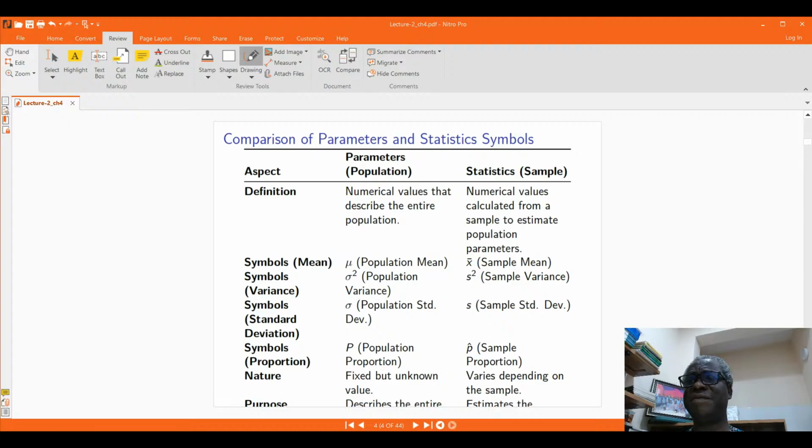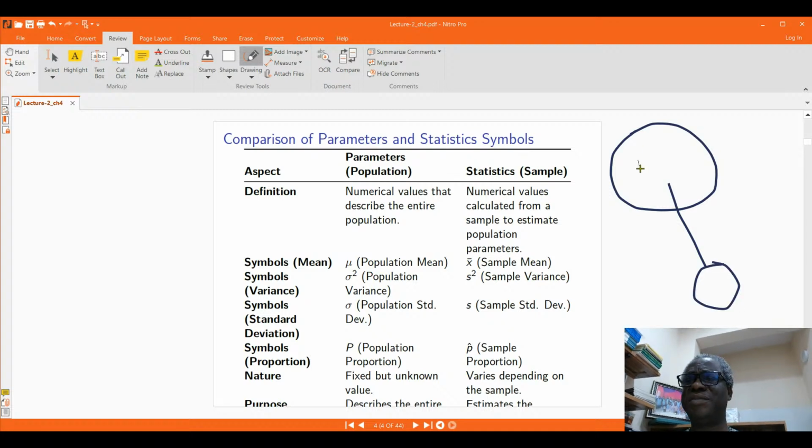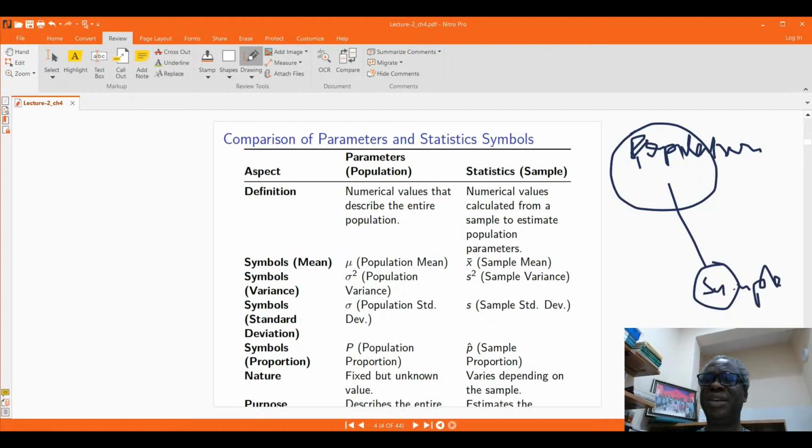You can have a population, and from this population, you take a small sample. So this is the population. This is the sample. A sample is a subset of the population.